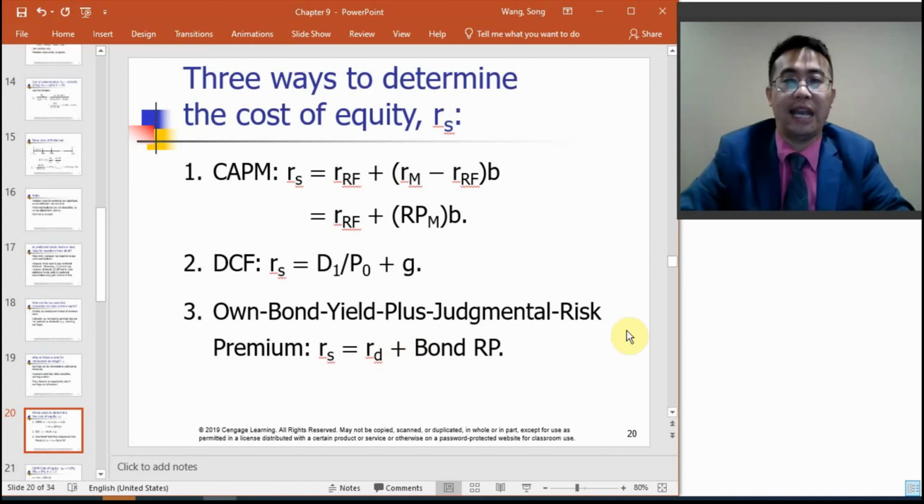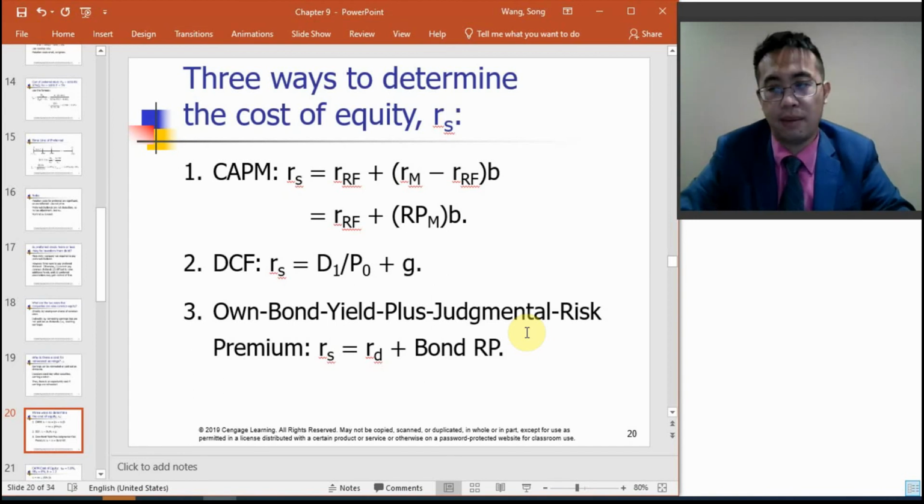It all comes to the idea that for the same company, the stock is riskier than its bond. All right, as I mentioned earlier, bond payment is more guaranteed to the investors, but for common stockholders, the payment is not that much guaranteed. And stockholders need to be compensated.